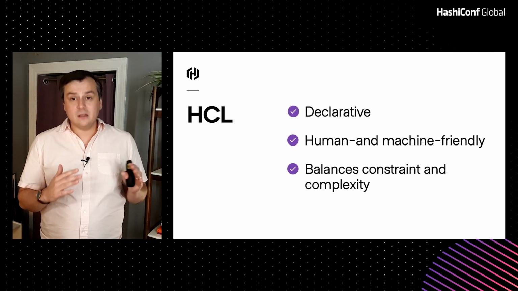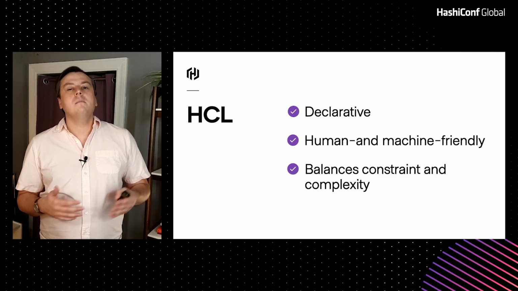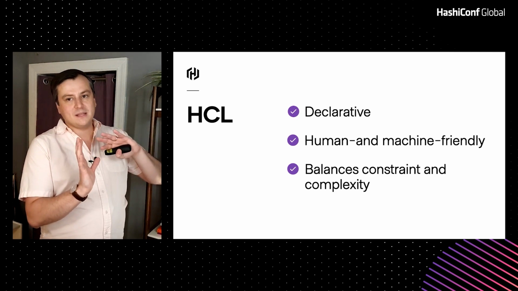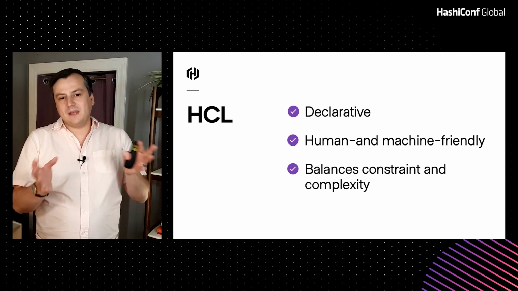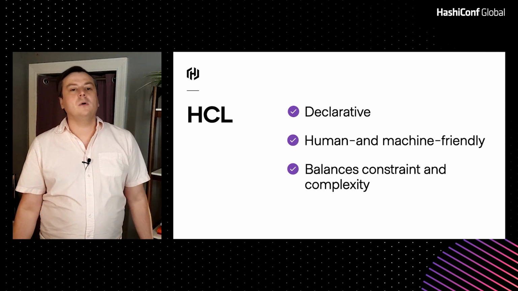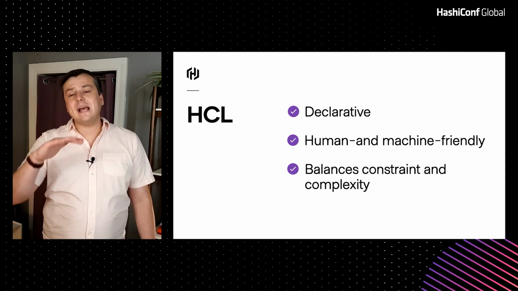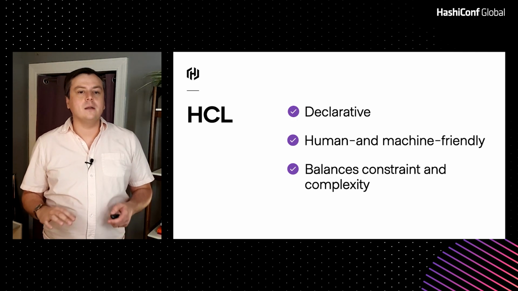We knew we wanted it to be declarative. We knew we wanted it to be both human and machine friendly. More so than JSON, which is designed to be machine friendly mostly, we wanted something designed to be read and written by humans, but also parsable by machines, as well as something that has a JSON interoperability layer that I'll get to in a second.